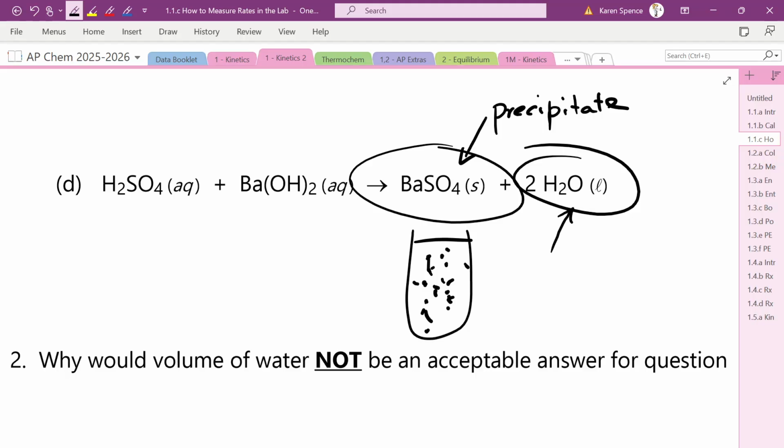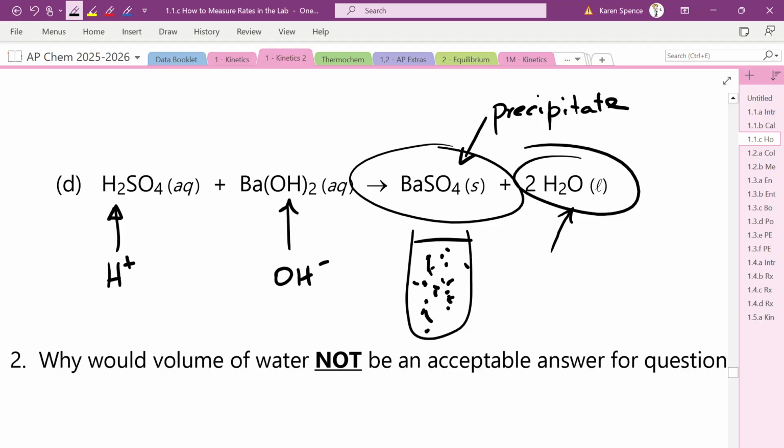For this one, I feel like pH would not be awesome because over here you have hydrogen ions and you have hydroxide ions.